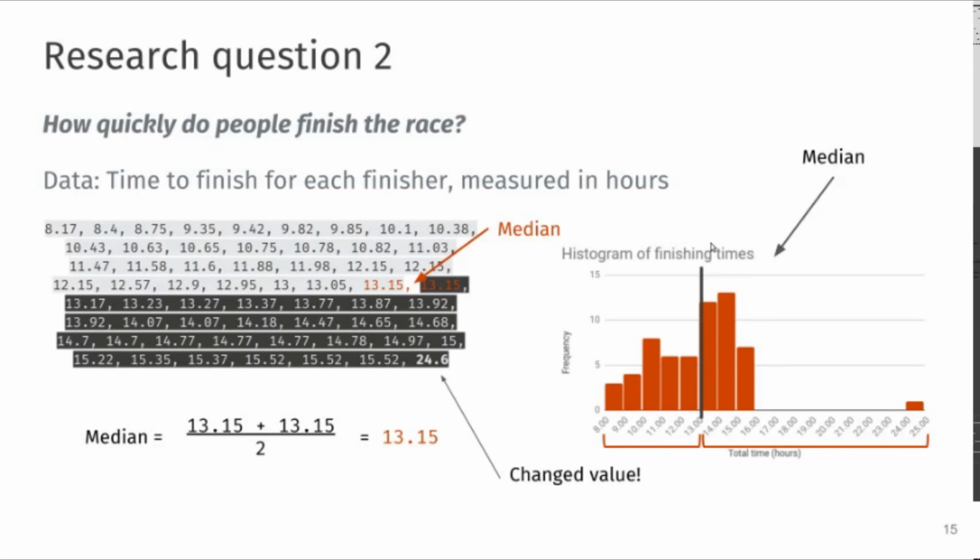But to put it on the other side, maybe a finishing time of 24.6 hours is not typical and is not representative of most people's finishing times, and as such, maybe it really shouldn't impact your measure of central tendency. Maybe you really shouldn't care about this one guy who's really far out.